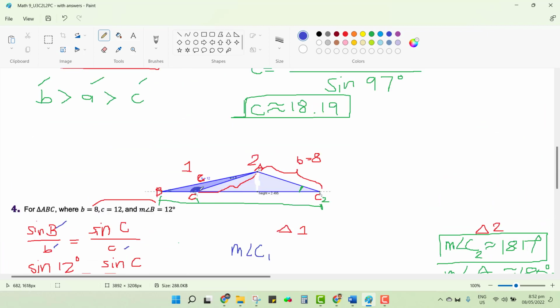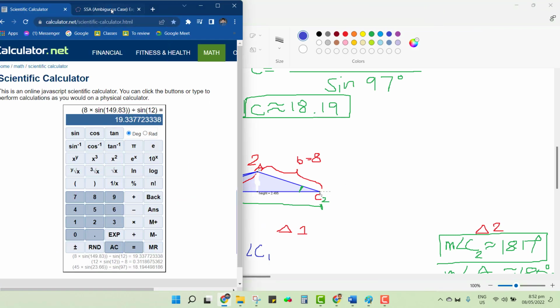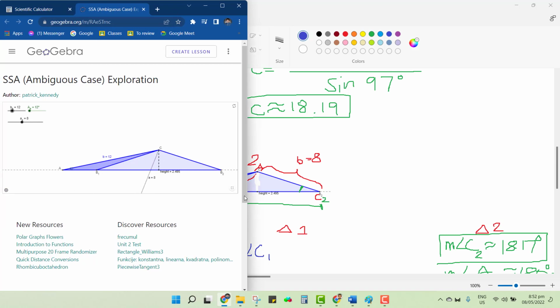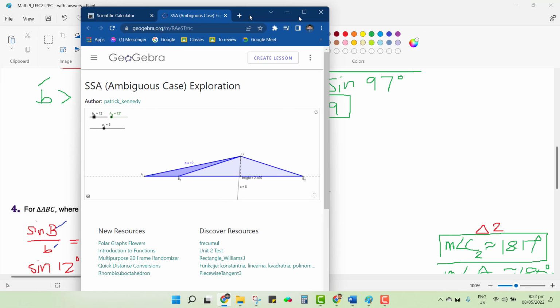How do we consider this? Listen to this one. Looking back to our ambiguous case here, if I play this again, you would see that this side here is actually equal to that. Both of them represent the opposite side of this angle 12, which measures 8, as you can see in the problem.